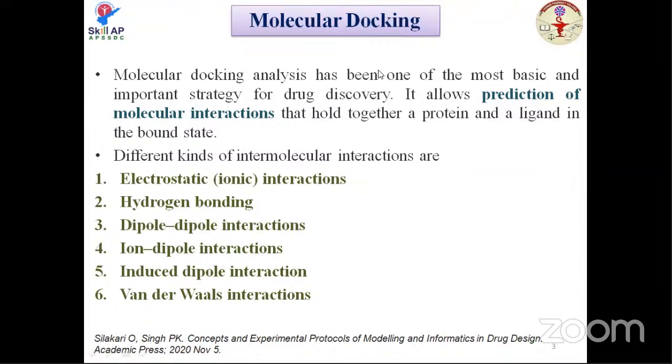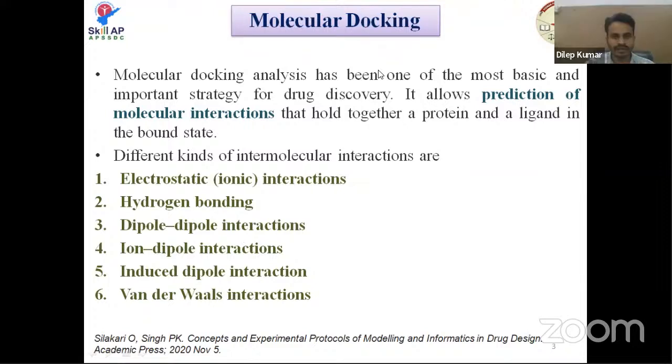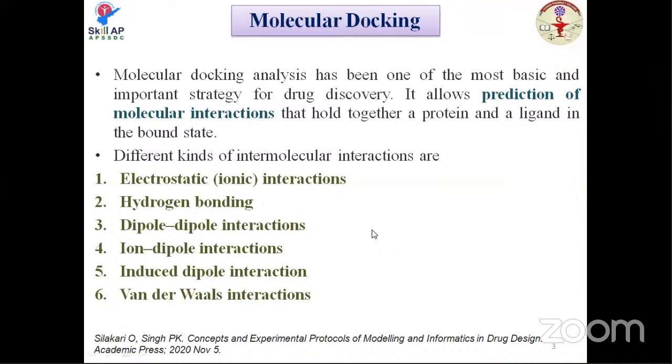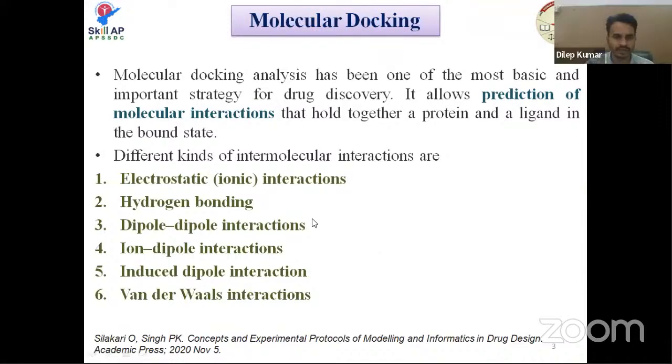And we also have ion-dipole interaction, wherein sometimes our drug molecule will have an ionic structure and interacts with the dipole of the receptor. In a similar fashion, we also have the dipole of a drug molecule or ligand and an ionic component in the receptor.